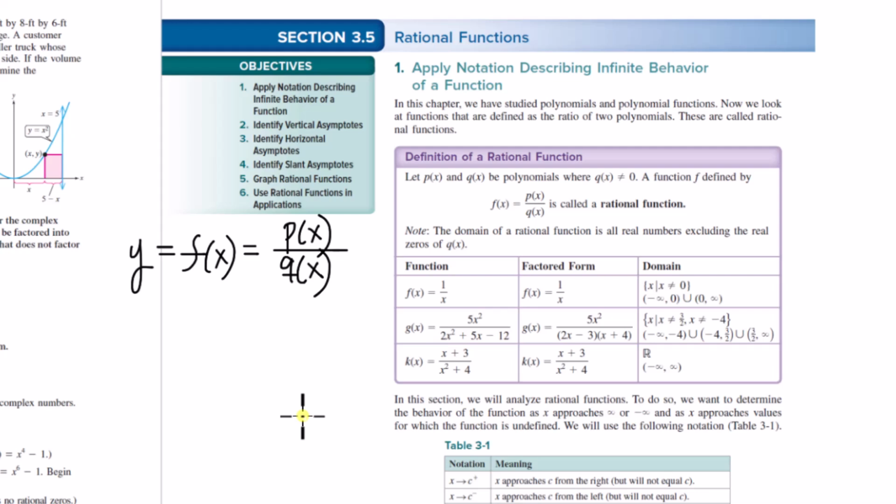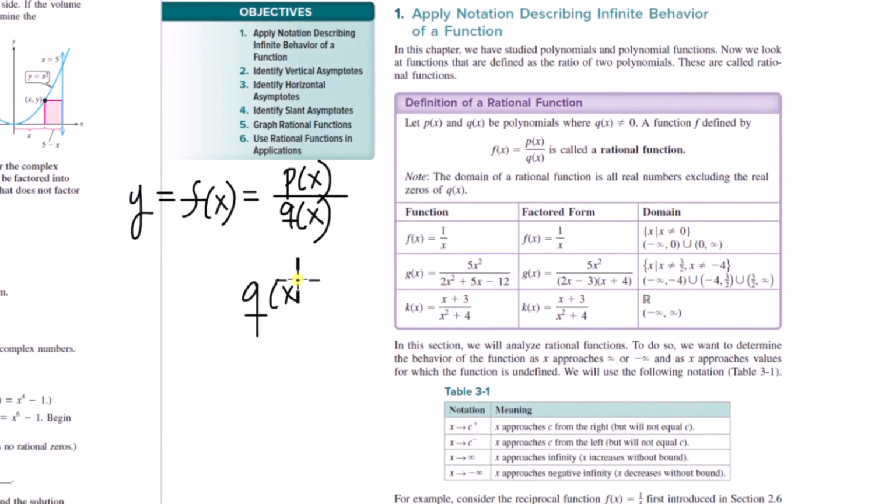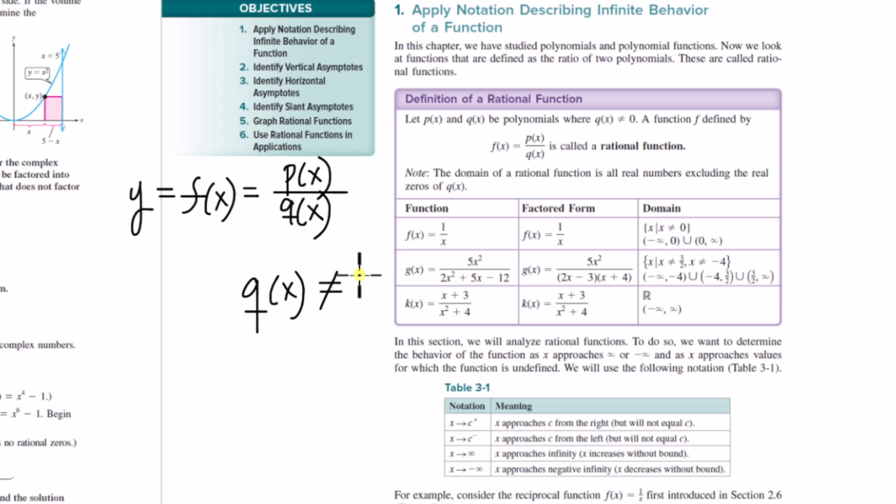Okay, and so with a rational function, where we're only going to have polynomial terms in the numerator and denominator of a fraction, the only domain issue comes into play in that q of x can't equal 0.